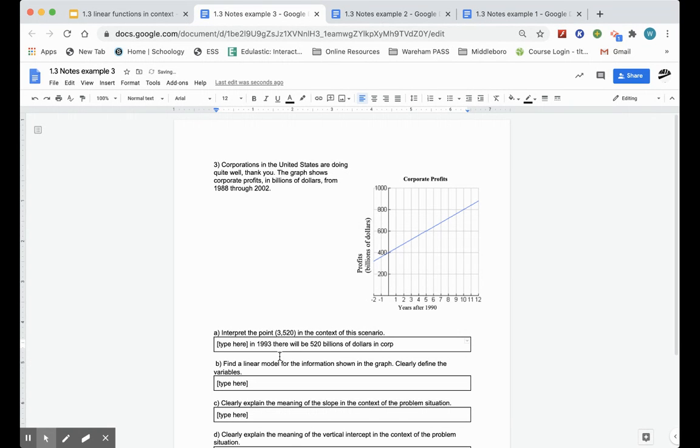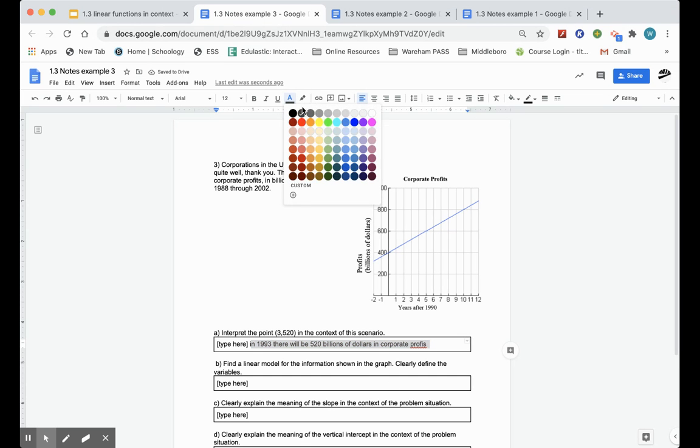And again, I have some typos here. Thank goodness for spell check.